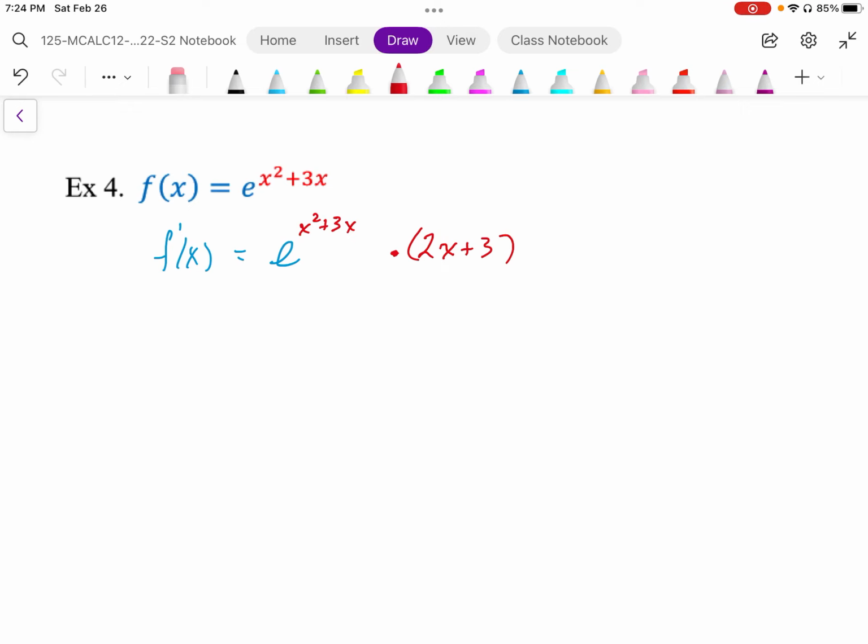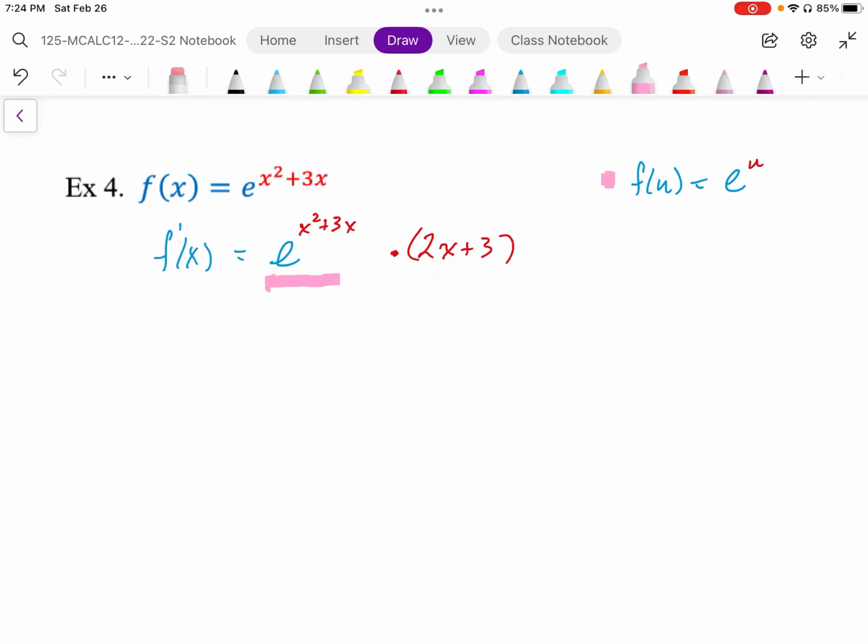Okay. Again, if we want to show it in components, the f of u is e to the u. Okay, and that first part of the derivative, so this part here is going to show up here. That's the derivative.